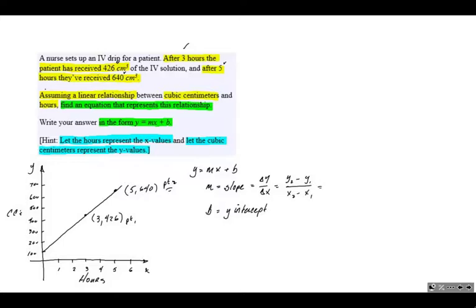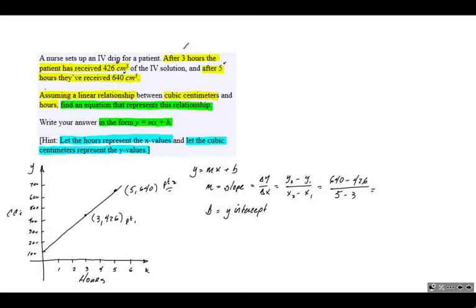So let's go ahead and plug those values in. We have at point 2, our y value is 640. At point 1, our y value is 426. And at point 2, our x value is 5. And at point 1, our x value is 3.